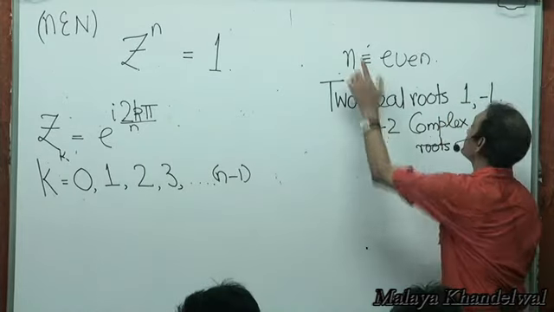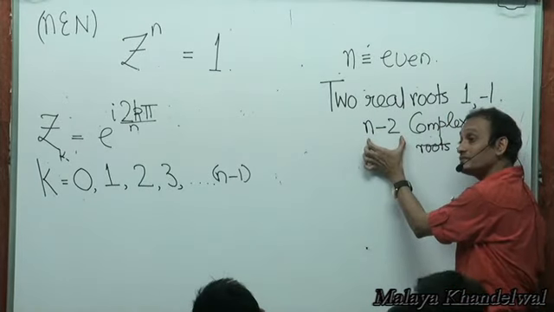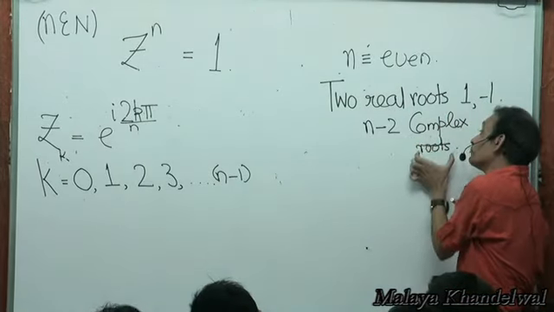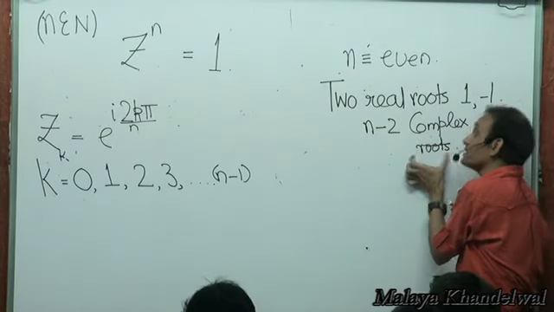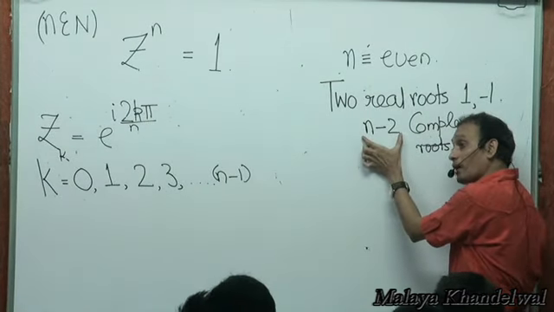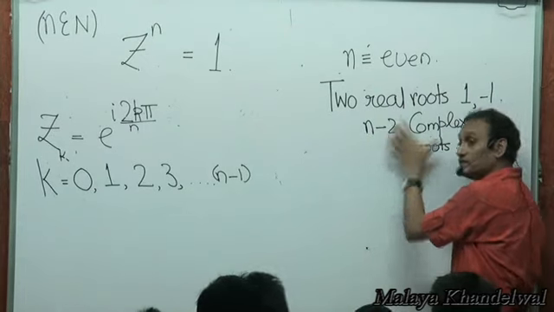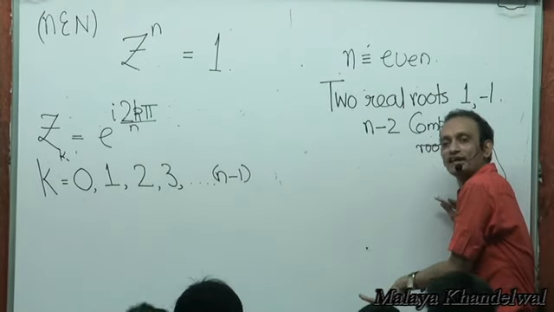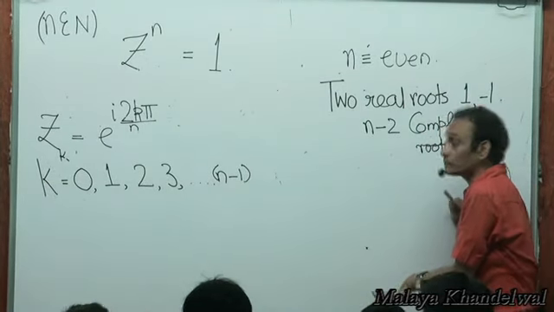Now, if n is even, n minus 2 would be even. Complex roots come in pairs, so you would have only an even number of complex roots. So n minus 2 is even, which is a consistent fact to obtain, right?